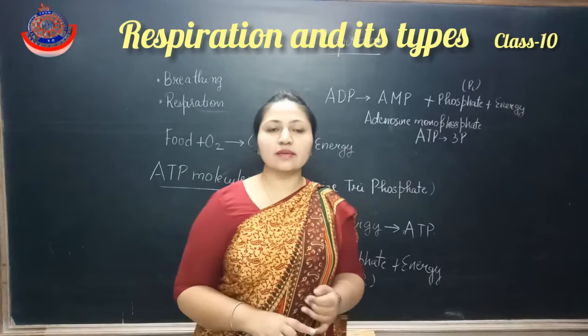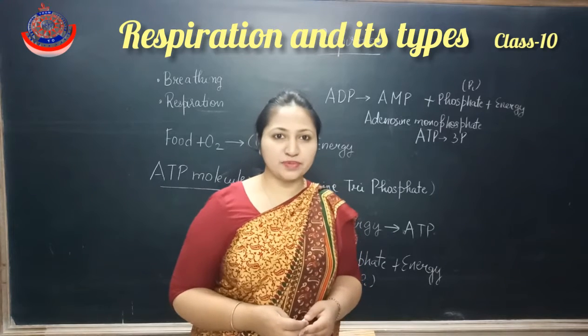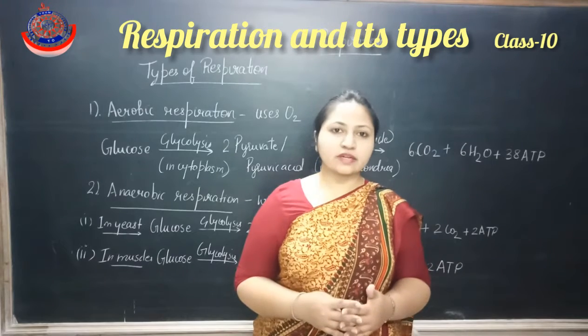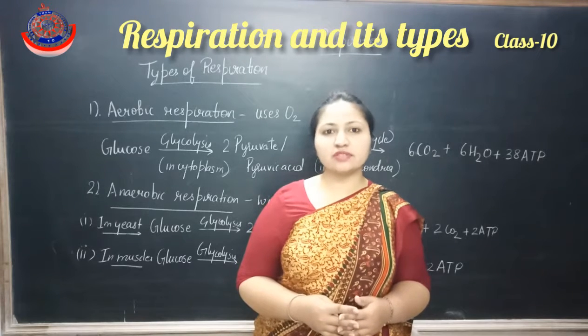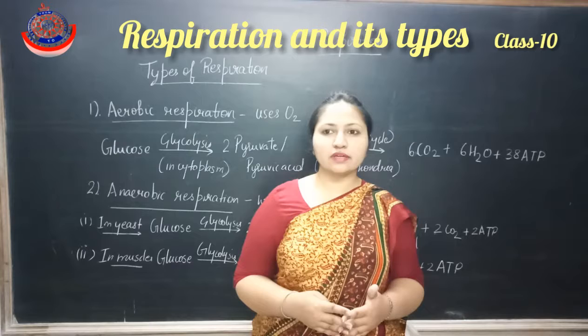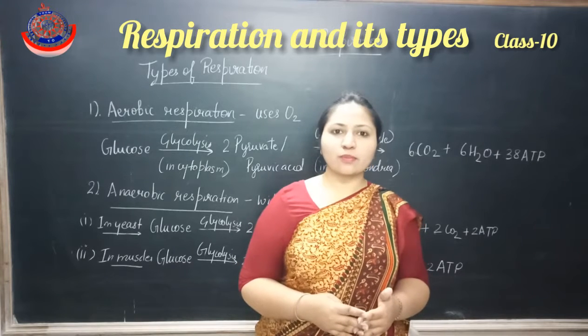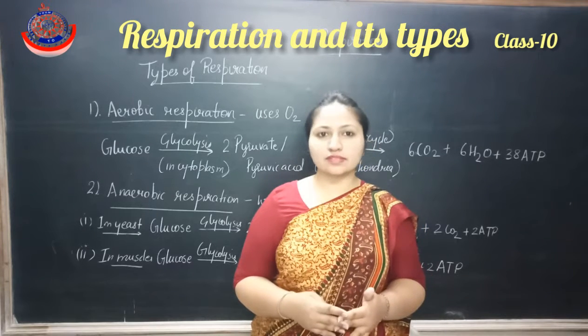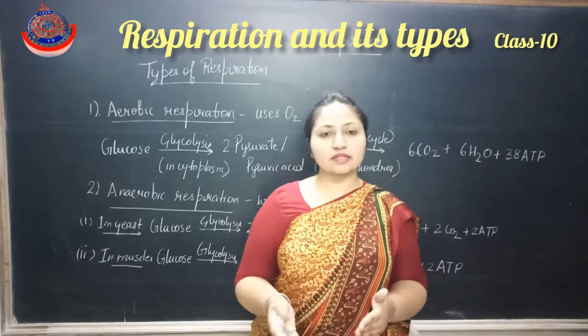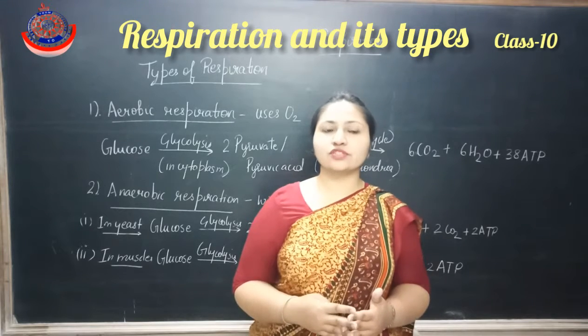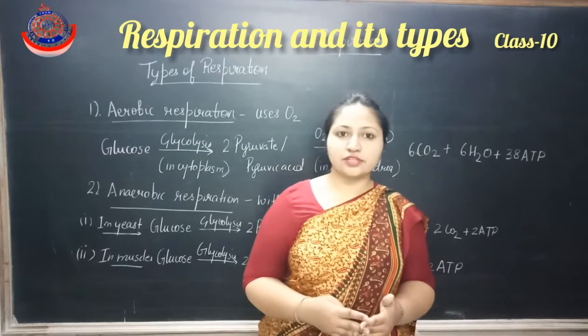Now next we will discuss the types of respiration. There are two types of respiration. First, aerobic respiration, and second, anaerobic respiration. Aerobic respiration uses oxygen, and anaerobic respiration occurs in the absence of oxygen to produce energy.